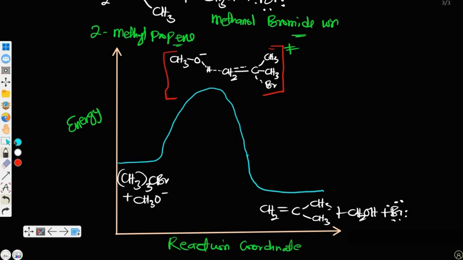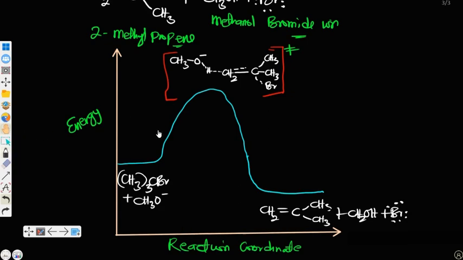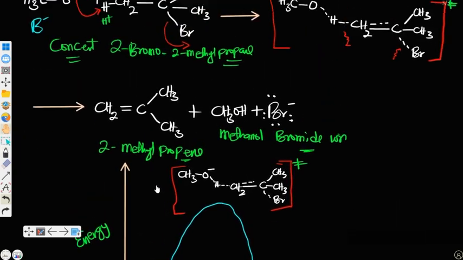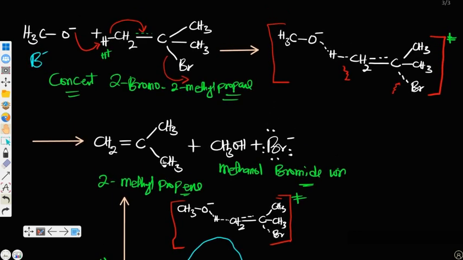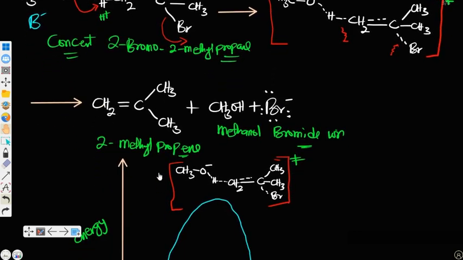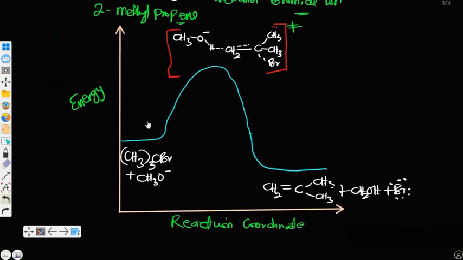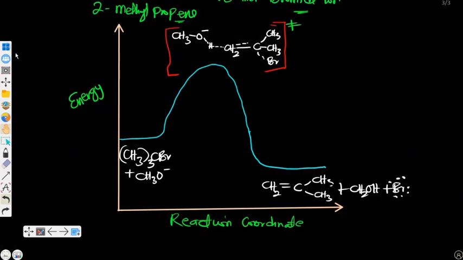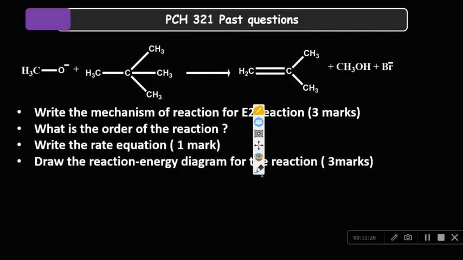So this is what you are expected to write or draw for the energy diagram for this particular reaction. It's quite easy, right? Exactly. So that is that for this particular question. I think there is no other question here. So if you've done this, you've gotten 7 marks. Perfect. Thank you. We'll see you in the next one.